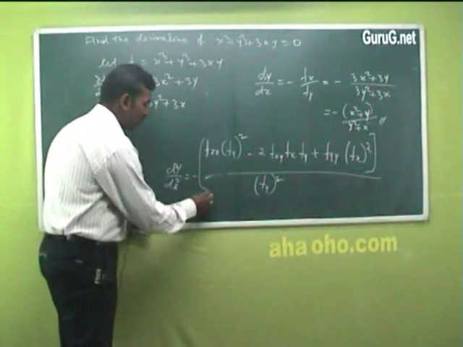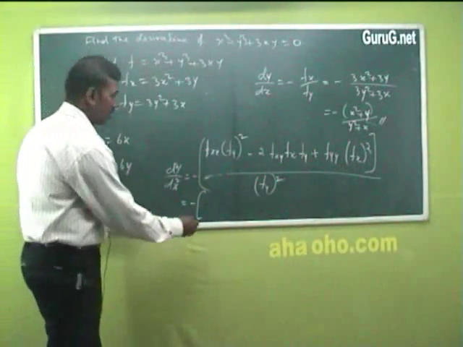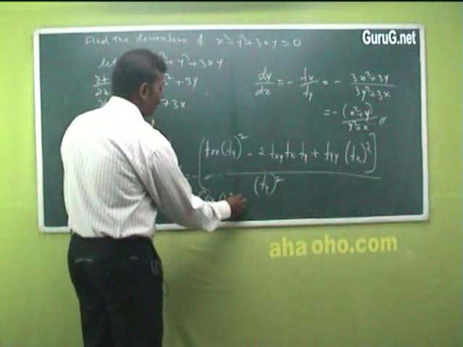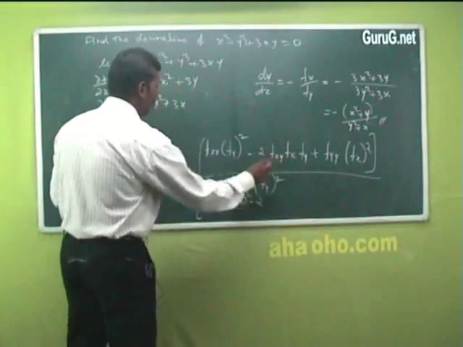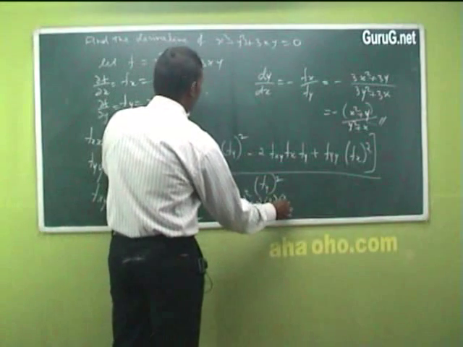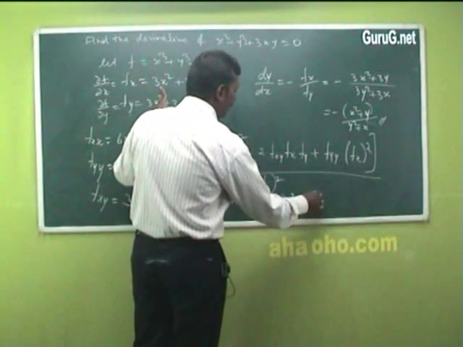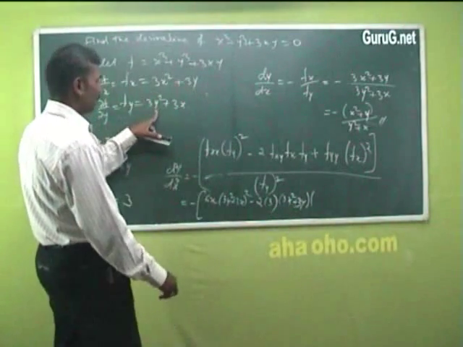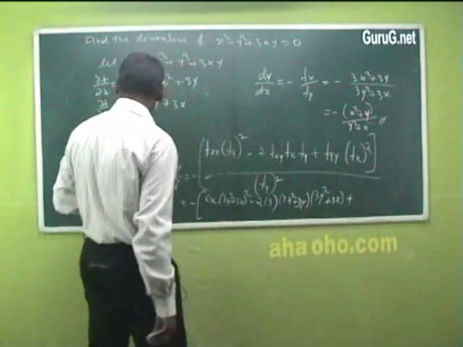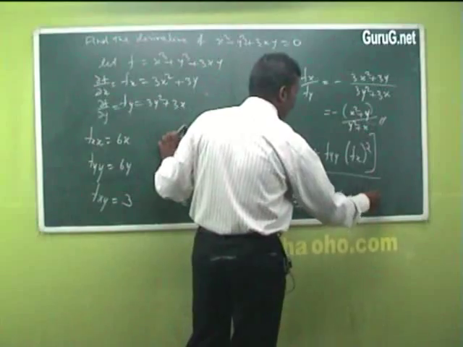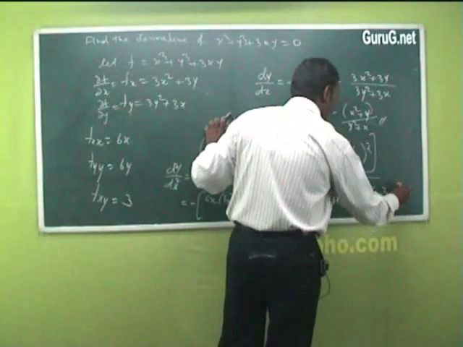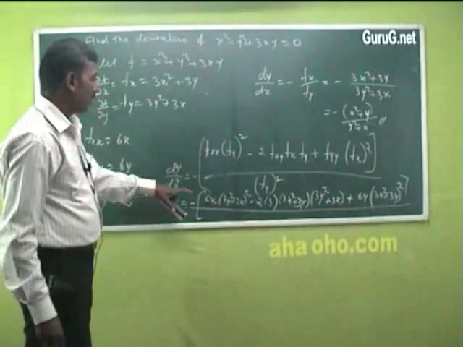That is minus of fxx, which is 6x, into fy squared, so 3y squared plus 3x the whole square, minus 2 into fxy, which is 3, into fx, which is 3x squared plus 3y, into fy, which is 3y squared plus 3x, plus fyy, which is 6y, into fx, 3x squared plus 3y the whole square, and divided by fy the whole square.